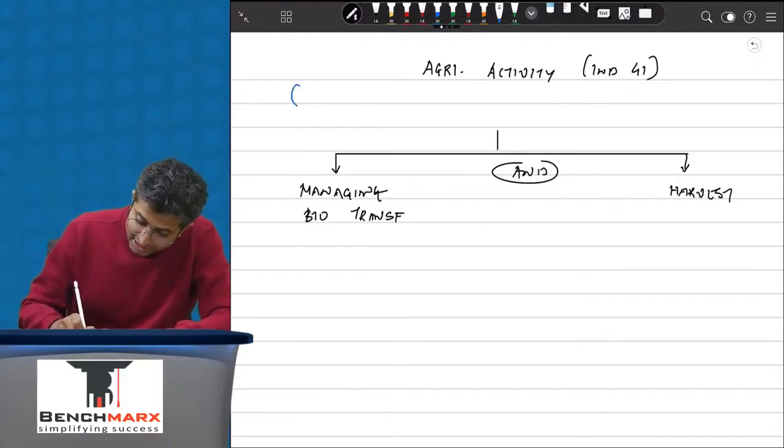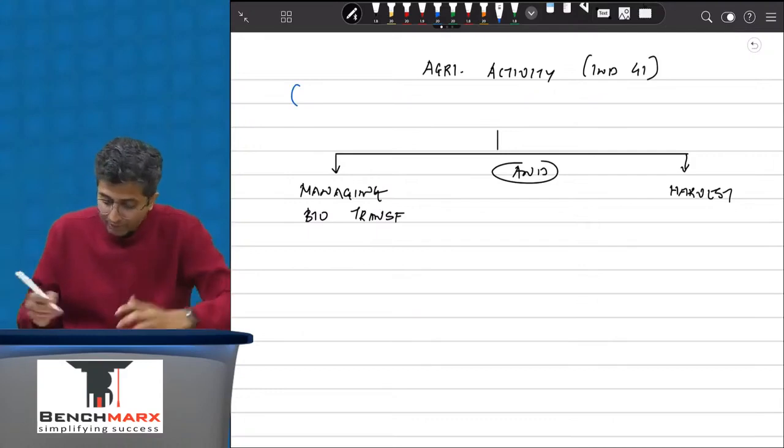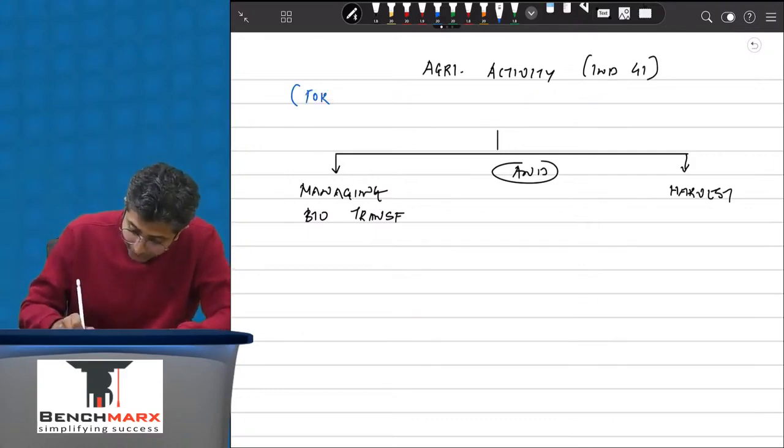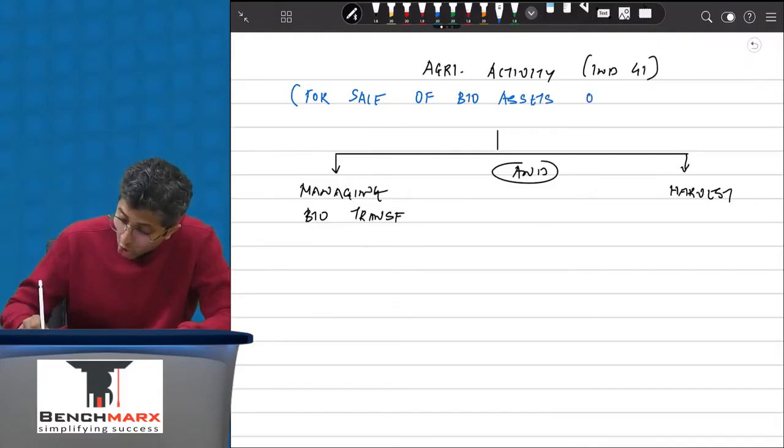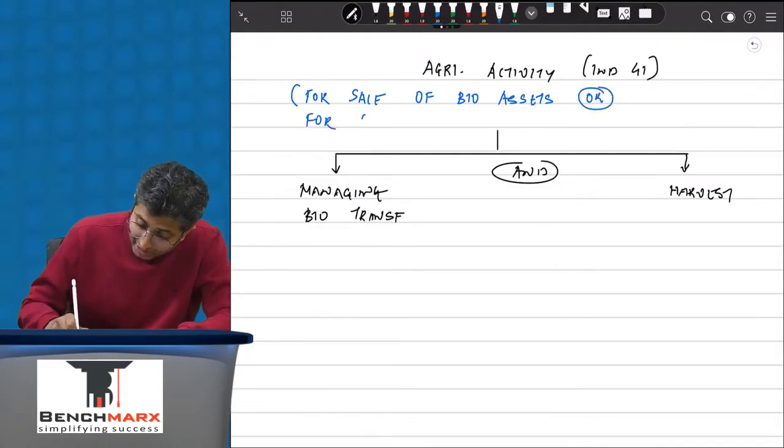Achha, again, why are you managing this biological transformation and harvest? Well, for, let us say, either sale of biological assets. So in the business of buying and selling biological assets, like goats, for example, or for producing agricultural produce.